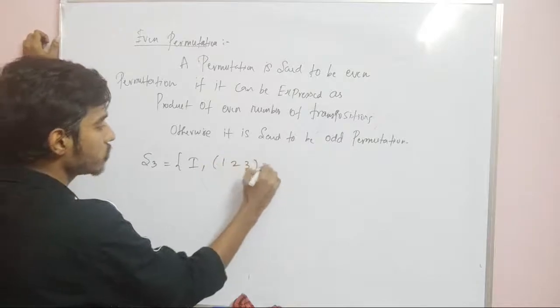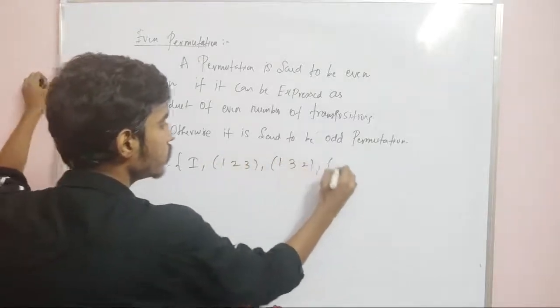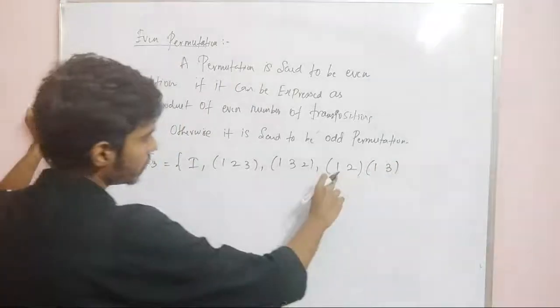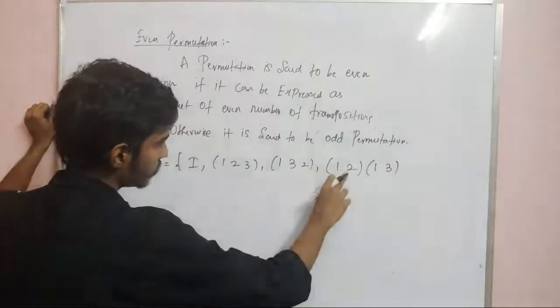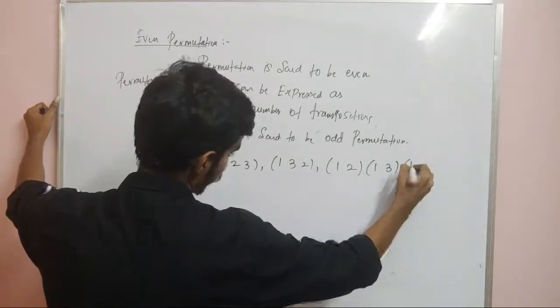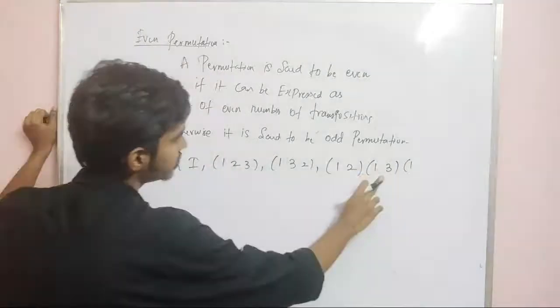So S3 is (1 2 3), (1 3 2), (1 2), (1 3), and (2 3), along with the identity. Here 3 is fixed, here 2 is fixed, here 1 is fixed.